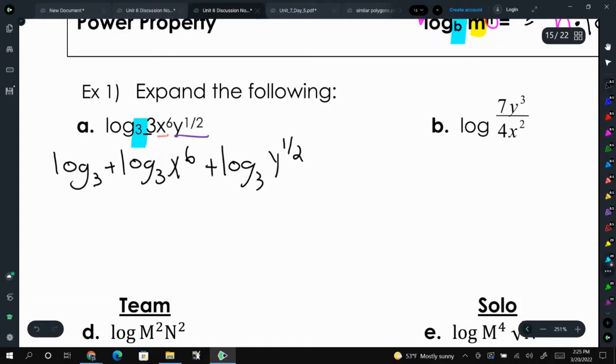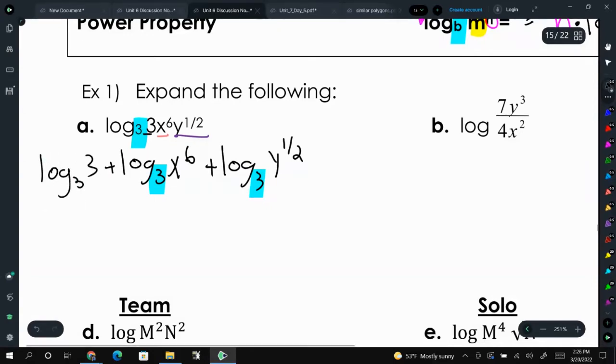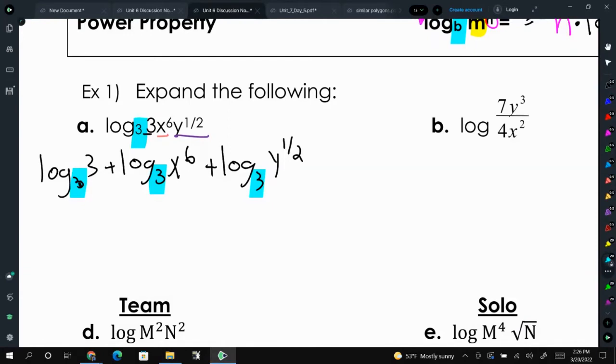So notice that it was base 3, so all of these have a base of 3. Now log base 3 of 3, we can type that into our calculator, and that's going to equal 1.